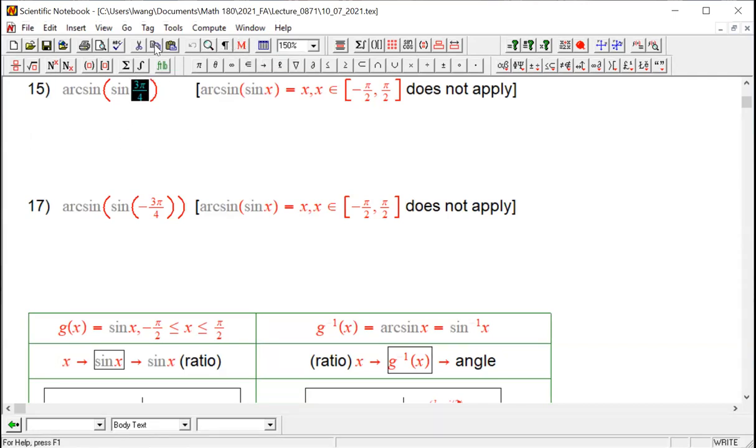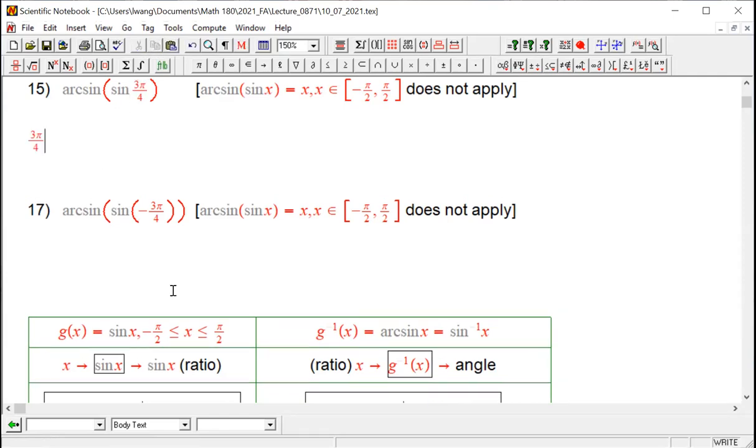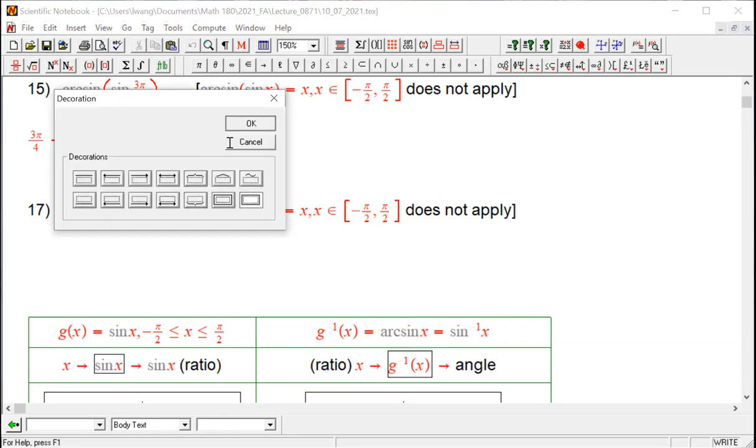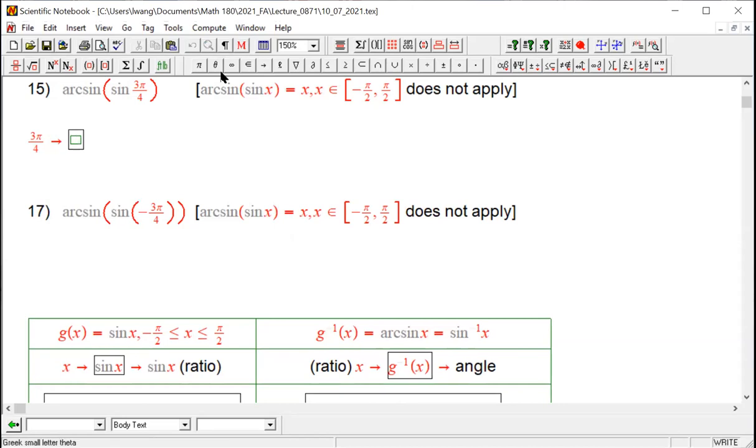Okay, we have 3 pi over 4. That's the input for sine, right? The output is going to be a ratio.